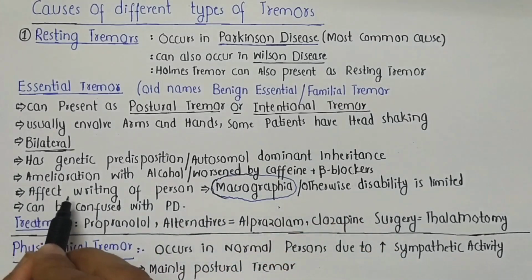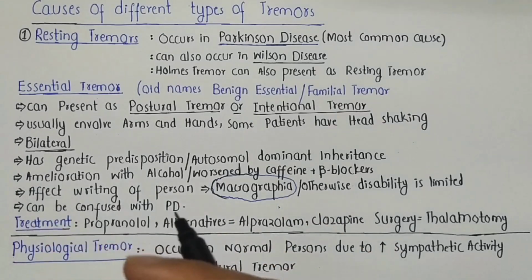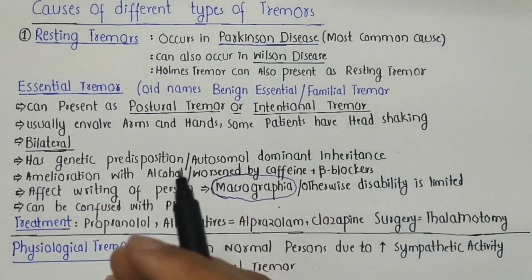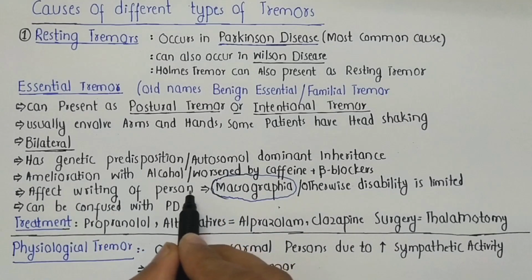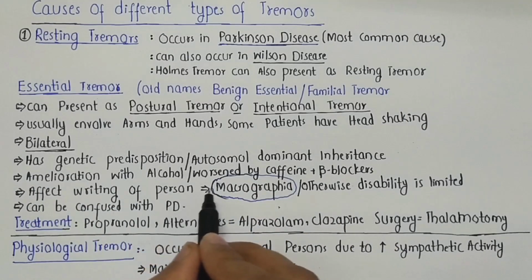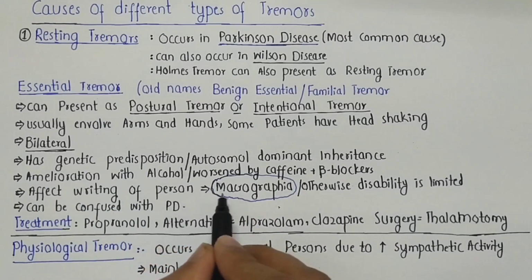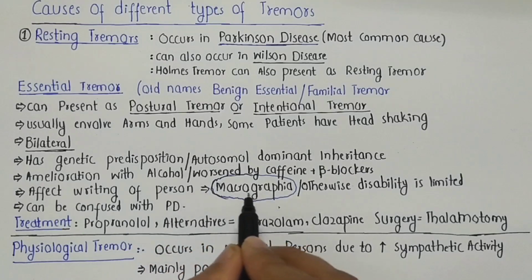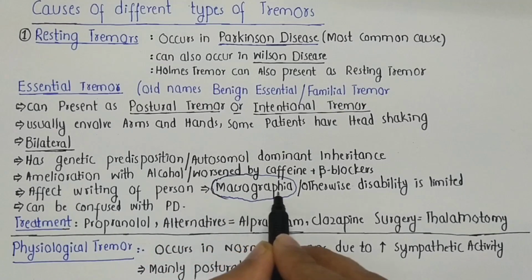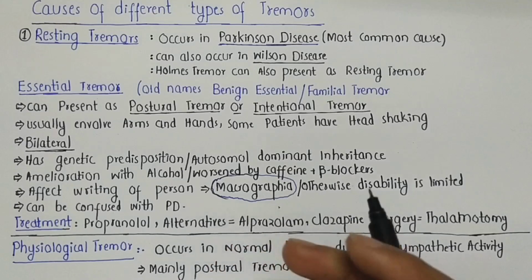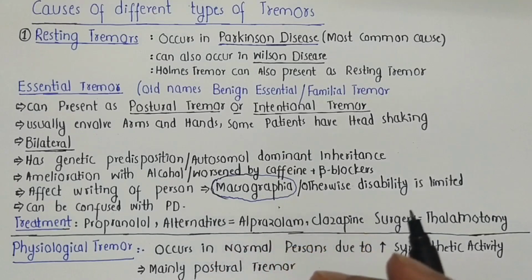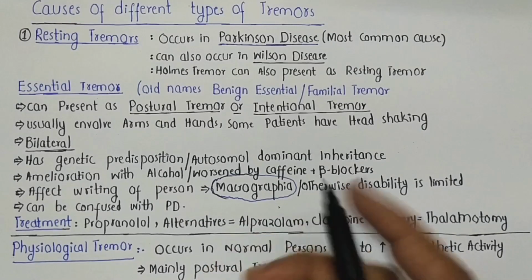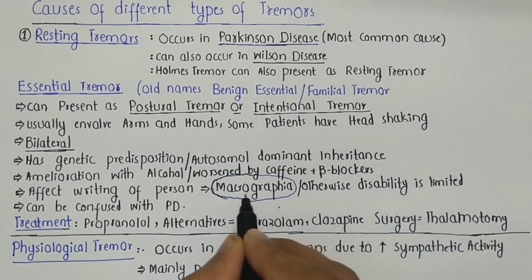Essential tremors affect the skills of persons. The writing skill is classically affected, and the person tends to write very large, called macrographia. Remember, we have talked about micrographia in our previous lectures. Micrographia classically occurs in Parkinson's disease due to bradykinesia, and macrographia classically occurs due to essential tremors.